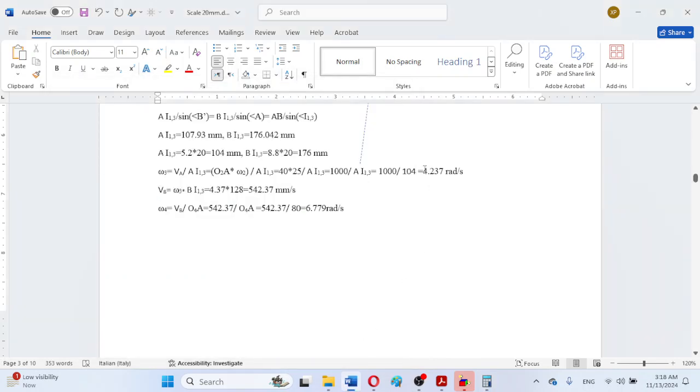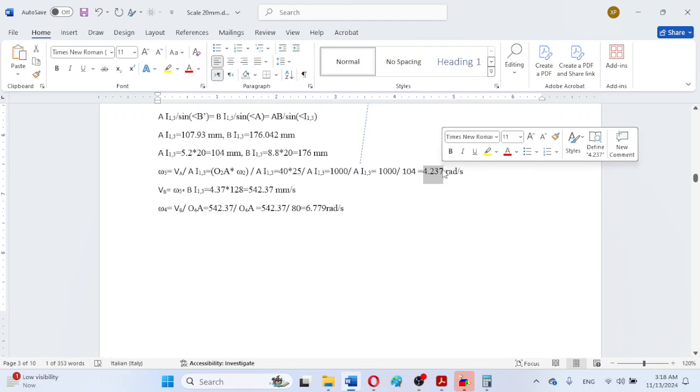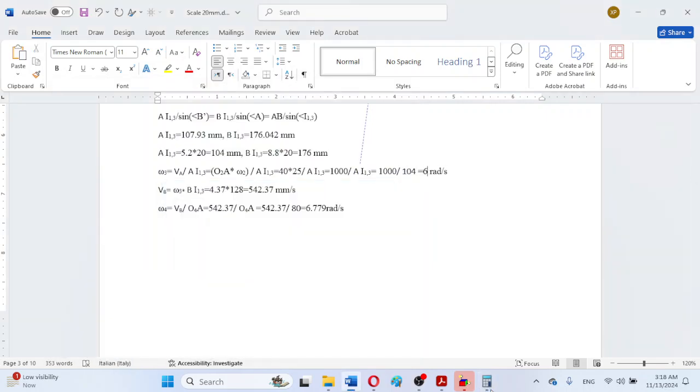So in this case the angular velocity of the cross circuit coupler is 9.61 radians per second.